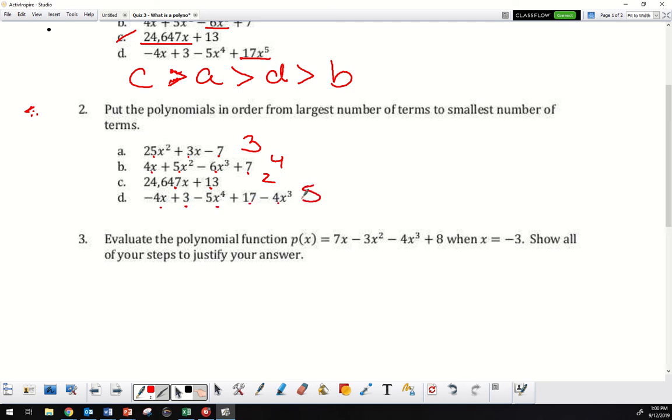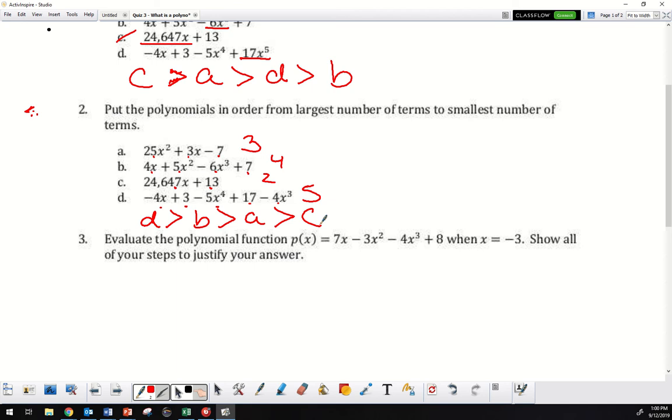So going from largest to smallest, it would be D greater than B greater than A greater than C, my last one. Now that should be pretty easy.